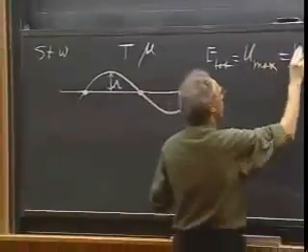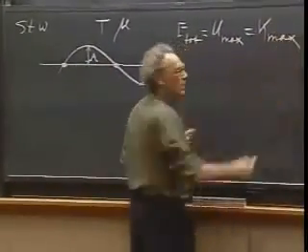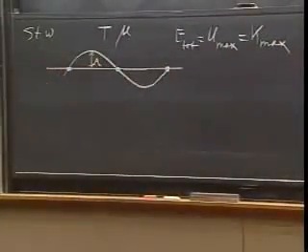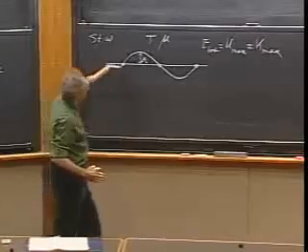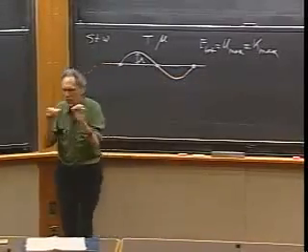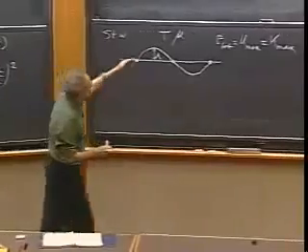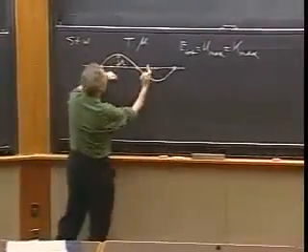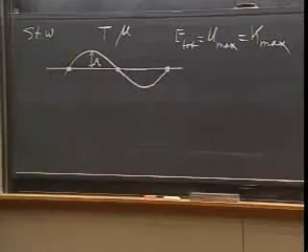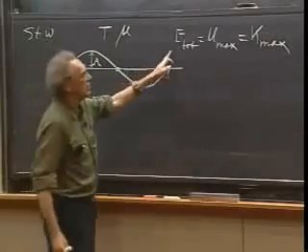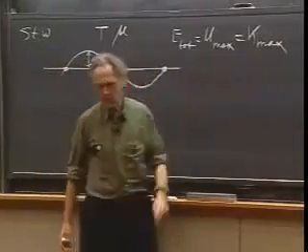But of course, it's also the same as K maximum. When the string goes through its equilibrium, when the string is straight, then you have the highest velocity. This comes down, has a velocity in this direction. This comes up, has a velocity in that direction. That is then the maximum kinetic energy that you can have. So E total is U max is K max.